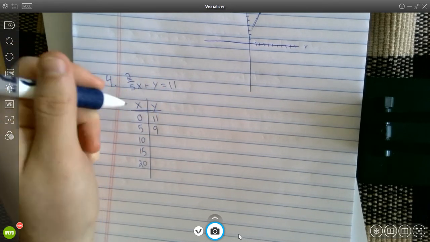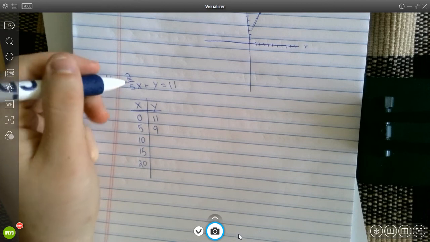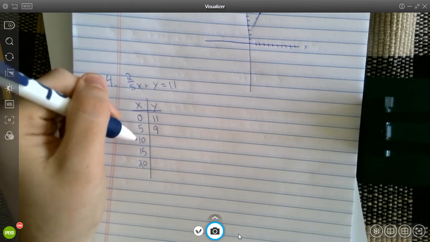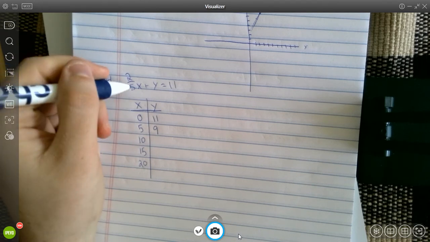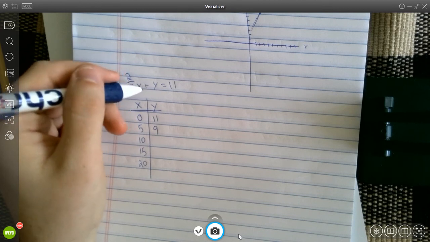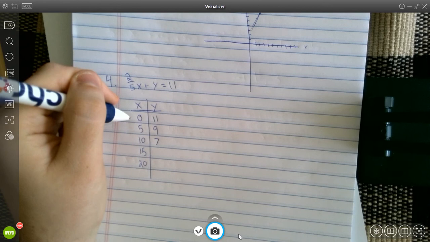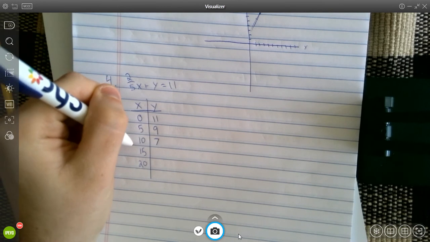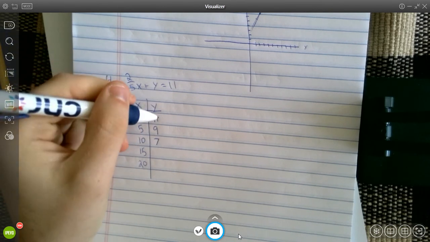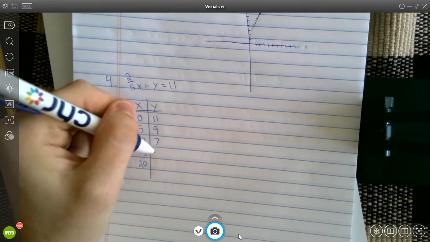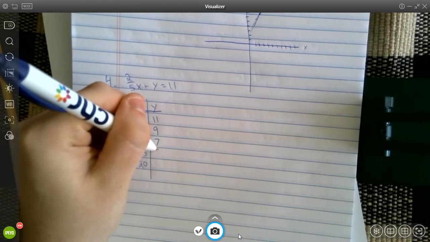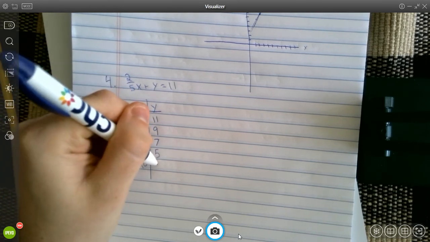We'll do one more and see if we can see any sort of pattern here. 2/5 of 10 is 4. 4 plus 7 equals 11. Therefore, y has to be 7. What we should be noticing here is that for every 5 that we go up on our x values, our y values are actually decreasing by 2, which would mean that this is going to be 5 and that this is going to be 3.